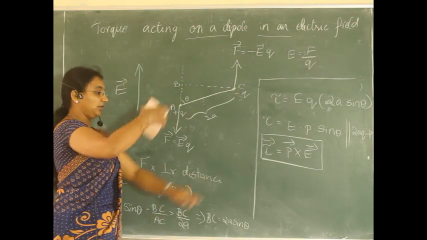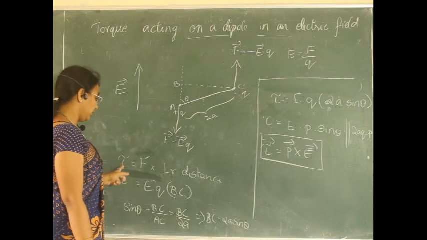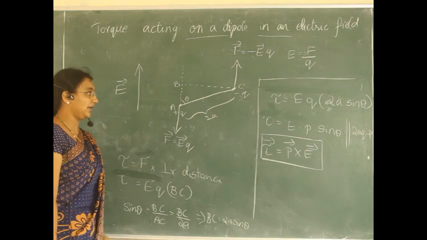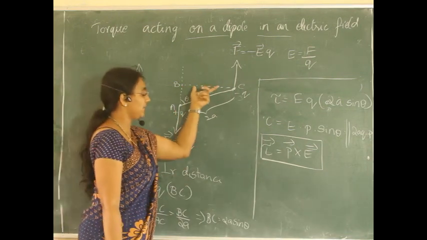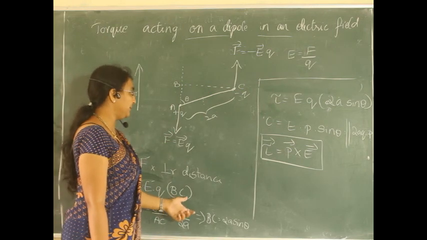Therefore, it will start rotating. The force is now nothing but torque. So, torque is nothing but force into perpendicular distance. Perpendicular distance is nothing but BC here. So, therefore, E into Q into BC.